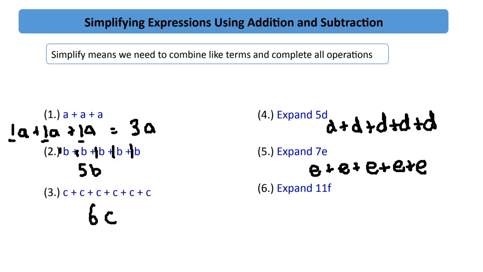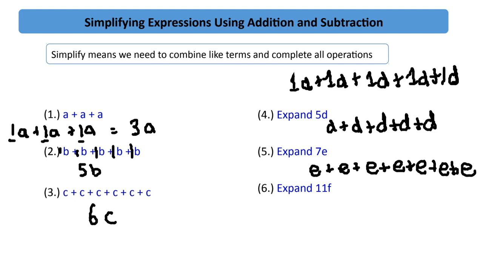So often this is the question I get asked, is it wrong if I write a 1 in front? Absolutely not. You could have written this 1D plus 1D plus 1D plus 1D plus 1D. 1, 2, 3, 4, 5. So sometimes I will write the 1 and sometimes I won't, but you could have written it with the 1 in front.